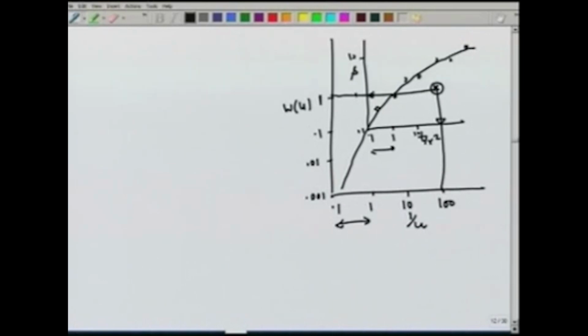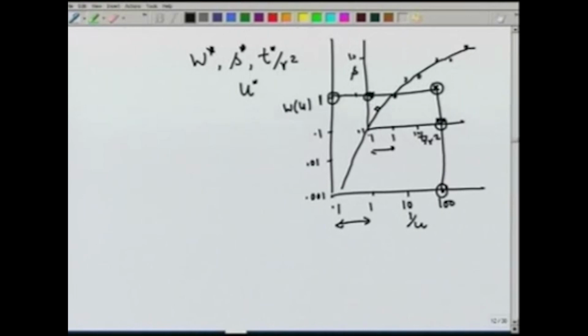So, let us call these values as W star, S star, T star over R square, and U star. We are measuring 1 over U, but let us call that value as 1 over U star. So, this will be 1 over U star, this will be W star, this value on T over R square scale will be T star over R square, and this value will be on the S scale, S star.